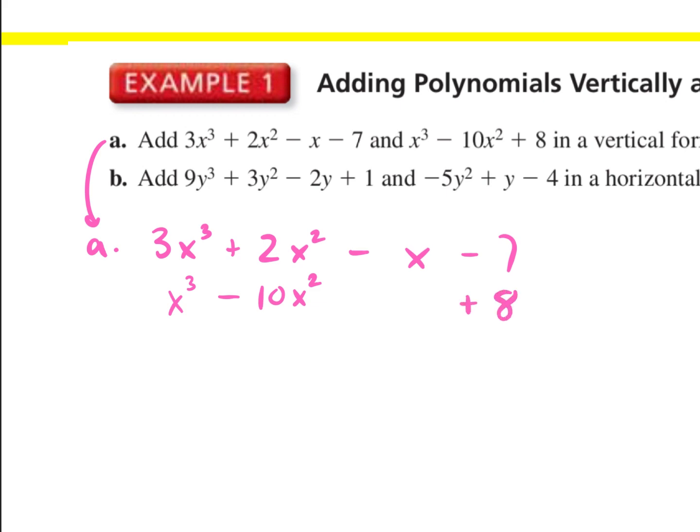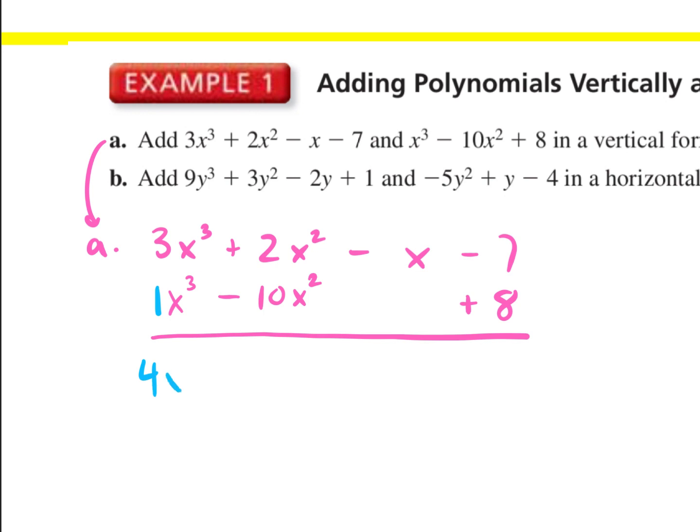So I want to make sure that my like terms are in line with each other. Sometimes you might have to leave a gap if you don't have like terms. So now we're just going to add each column together. I have 3x cubed plus x cubed. What's the coefficient in front of the x cubed? 1. Awesome. So what's 3 plus 1?